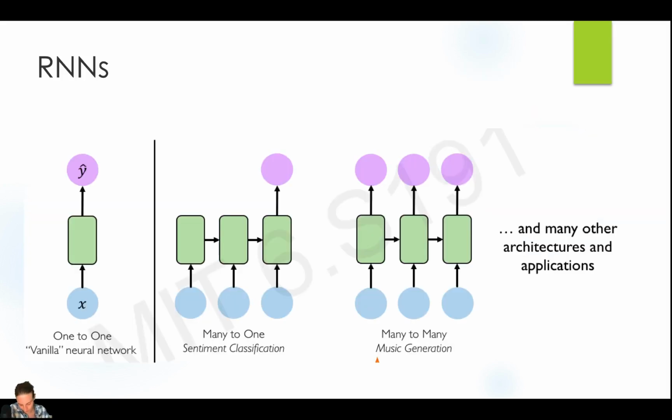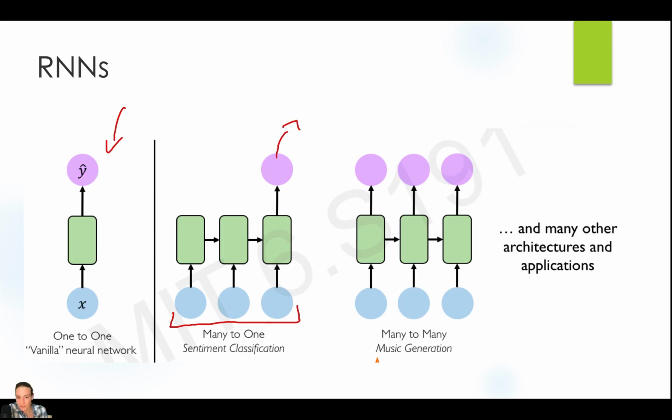Here we have a one-to-one, vanilla or very simple neural network, where we have one input and we predict one output. A different type of network would be many-to-one, whereby we have many inputs and we want to predict one output.